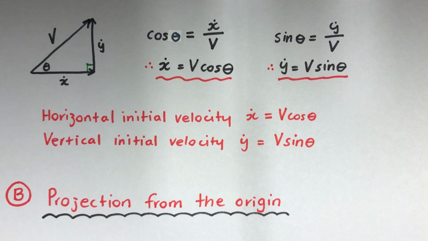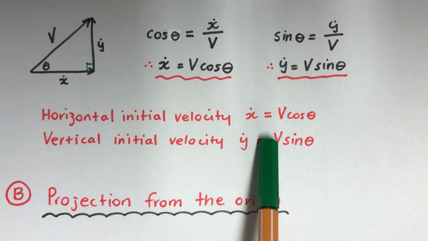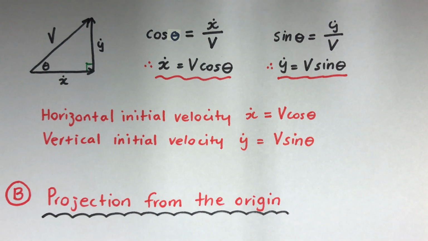And then from sine theta we can have y dot, which is the vertical initial velocity, over v, which is the initial speed or velocity. So there is a summary of that. We got both the horizontal initial velocity and the vertical initial velocity.